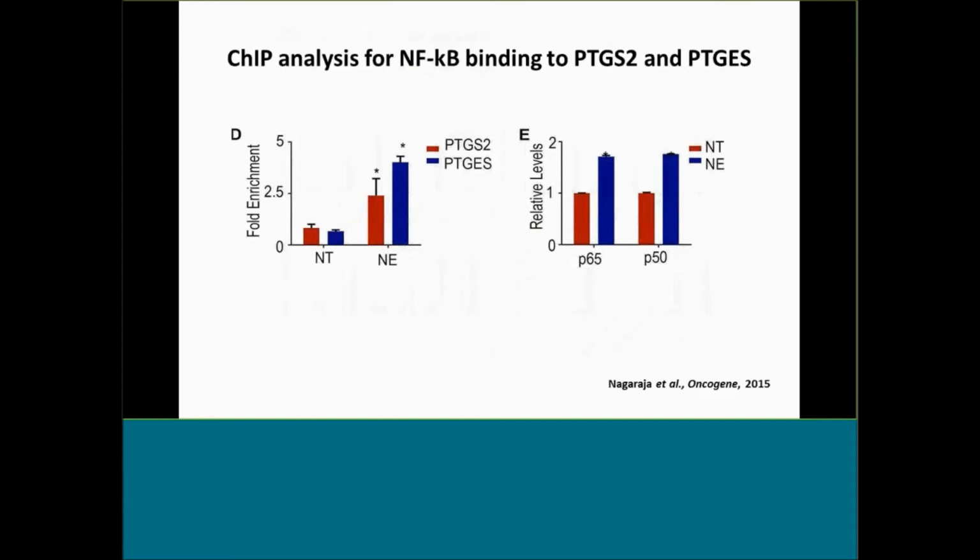And this is a ChIP analysis basically showing you that indeed there's a much greater binding of NF-kappa B to the promoter sites for both of these inducible enzymes, and the P65 and P50 levels in response to norepinephrine indeed go up significantly.